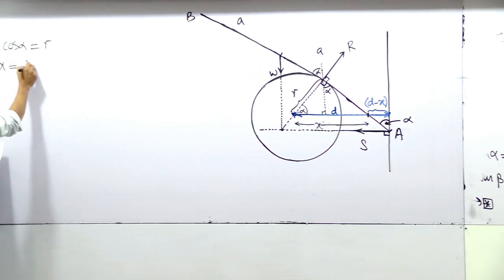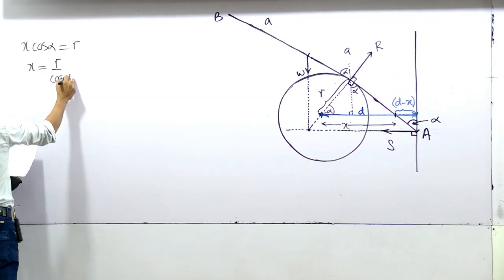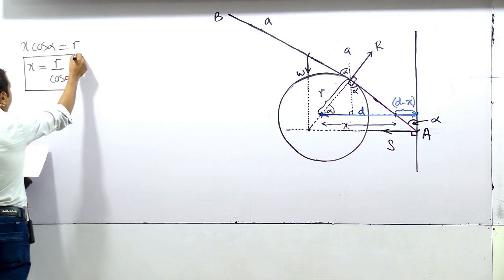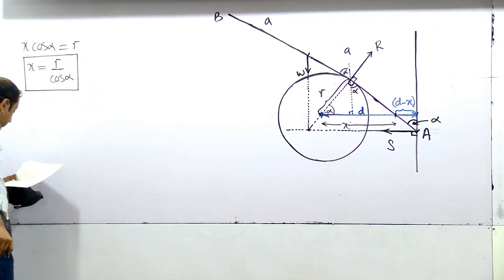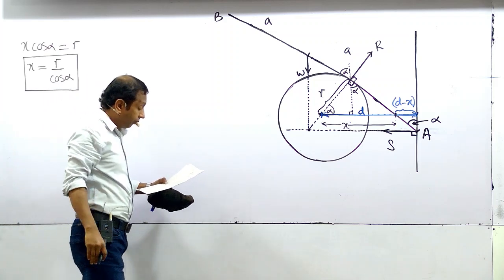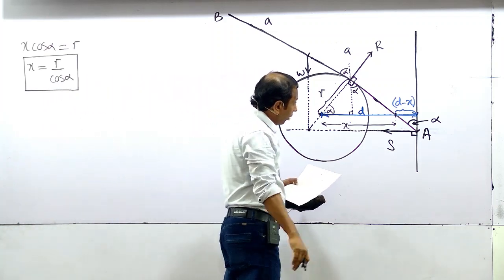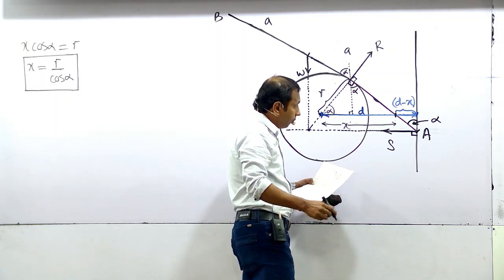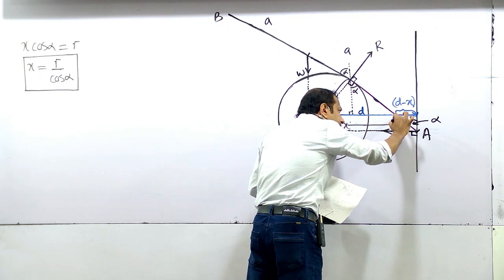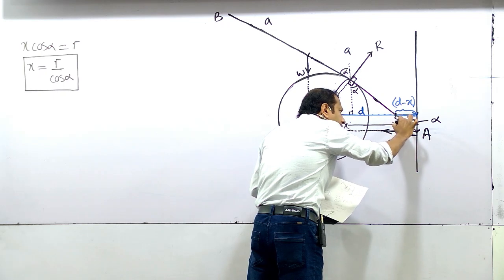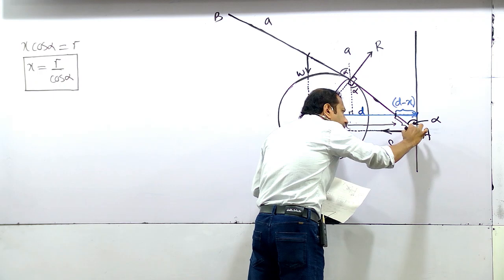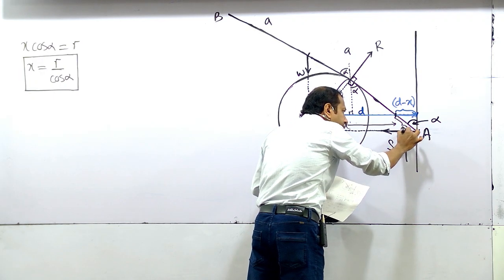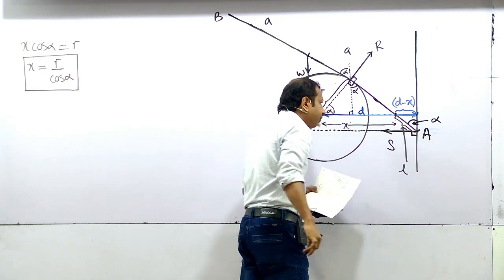Therefore, x equals r over cos alpha. Now take this length as L, this length as L. Those lengths we need.